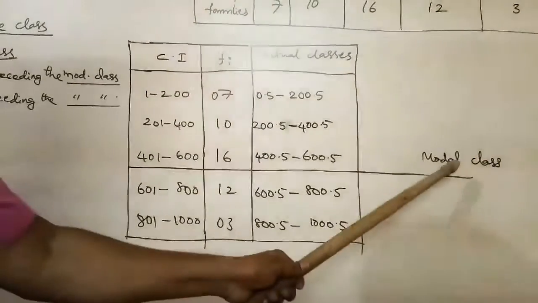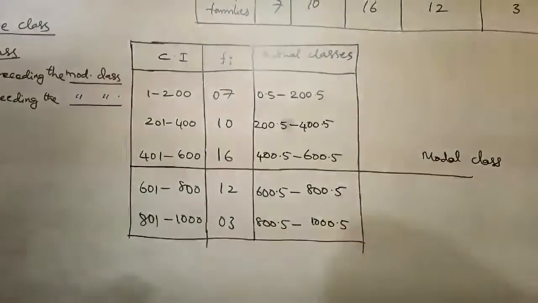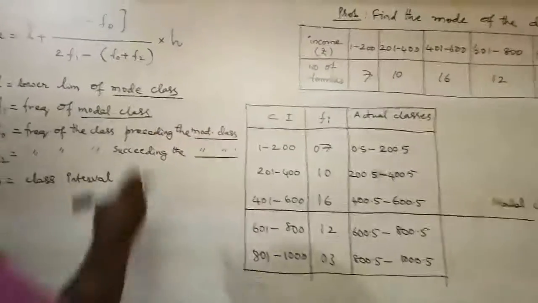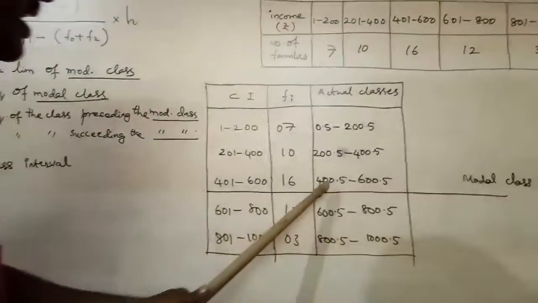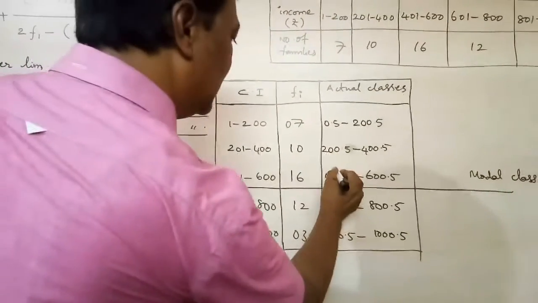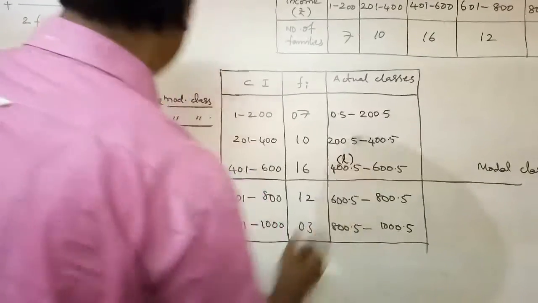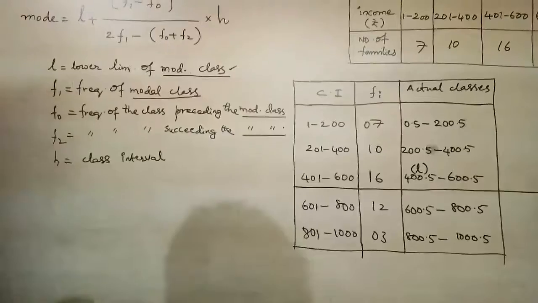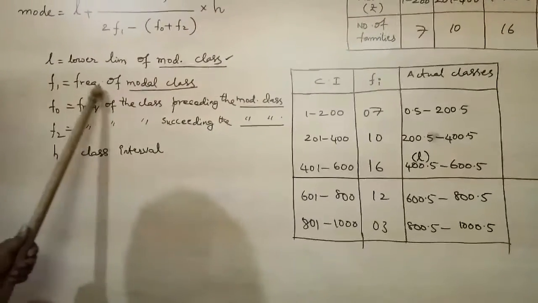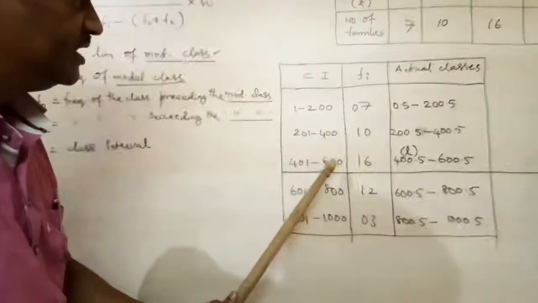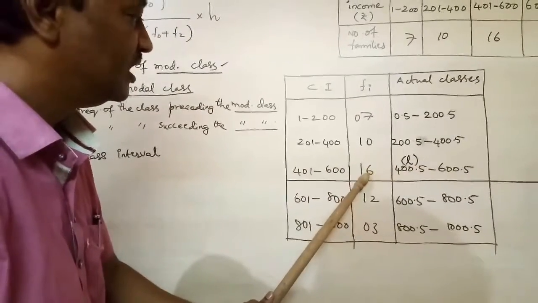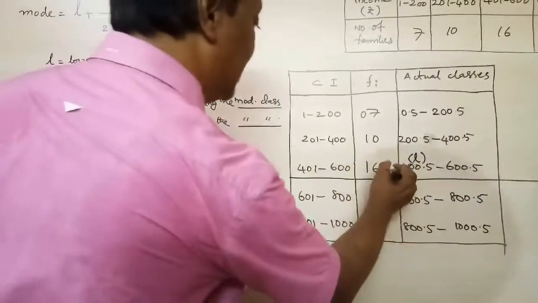Now, which is the model class? L, the lower limit of the model class, is required. This is the value of L. Similarly, find the frequency of the model class. The frequency of that model class is 16, which is the value of F1.